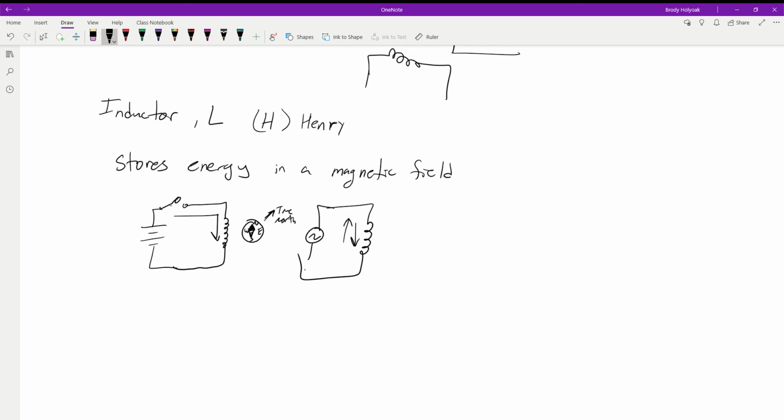When we put in an AC signal, and if we were to put in our compass again, east and west, we're going to see that one phase, it's going to be pointed this direction, and then the next phase, we're going to see it pointed in this direction. That's just due to the alternating signal and the alternating magnetic field.